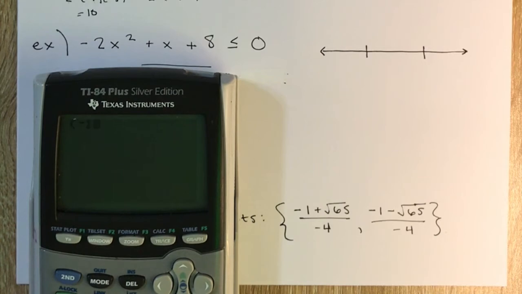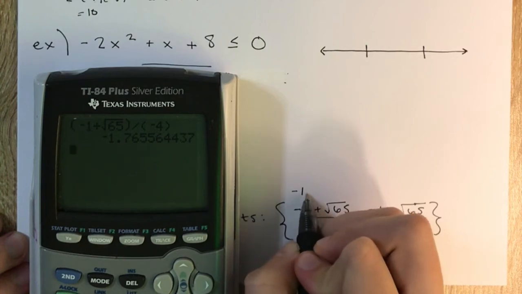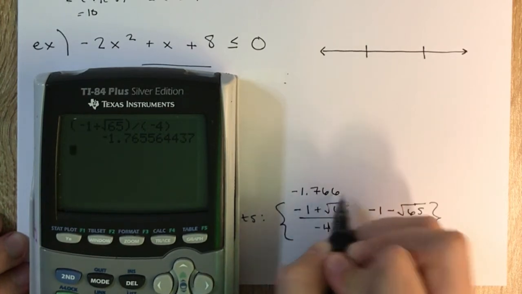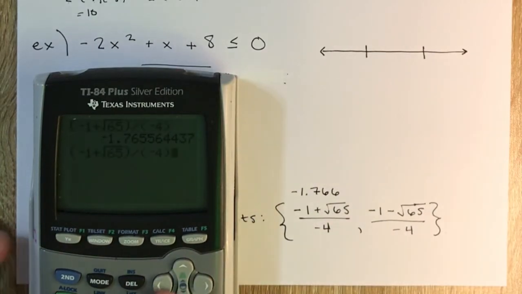So we've got negative 1 plus the square root of 65 over negative 4. That one gives me negative 1.766. Let's do subtraction.